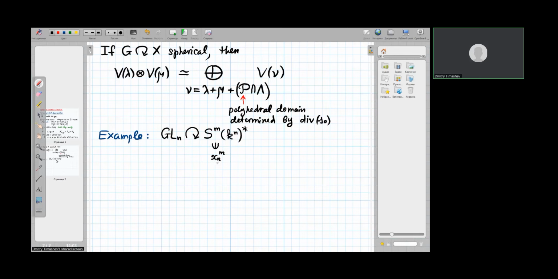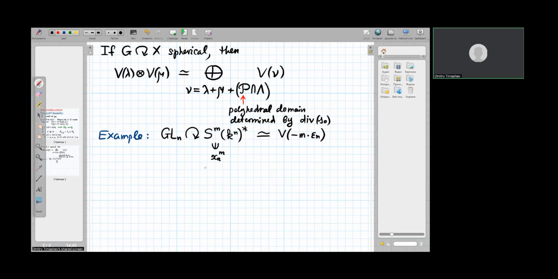But when we act on the dual space, then we act by the inverse transform of the argument of a linear function, and the sign changes. So this representation is irreducible, of highest weight minus m times epsilon_n. Okay.